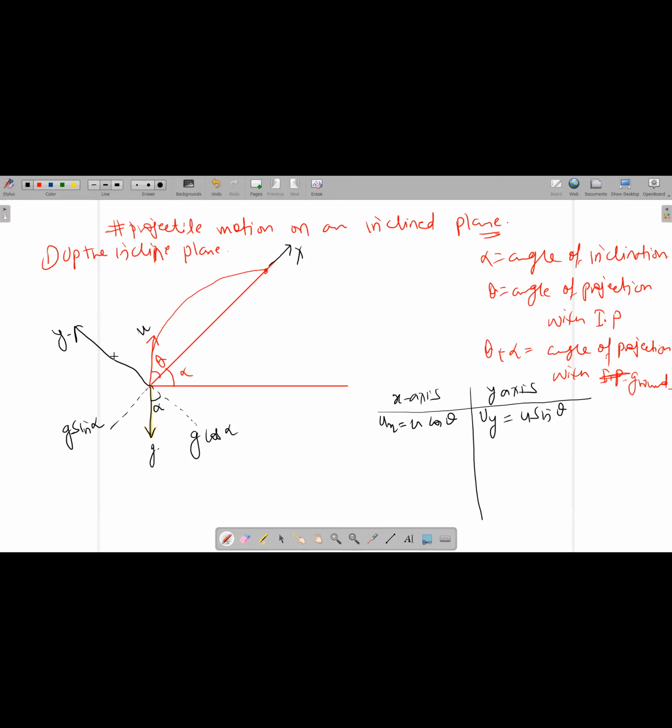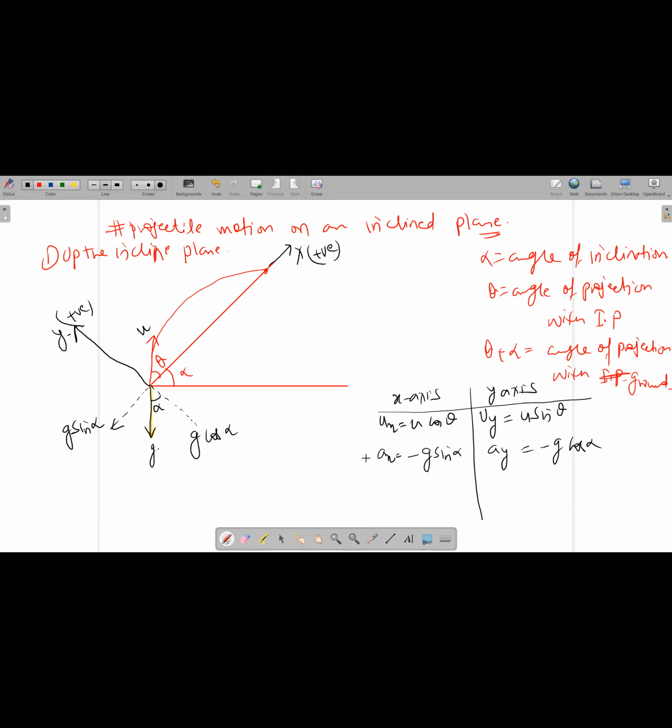Along the x-axis it is g sin alpha, but towards the negative x-axis, so it will be minus g sin alpha. And acceleration along the y-axis is minus g cos alpha. We have considered this positive side, this positive side, and this negative side.